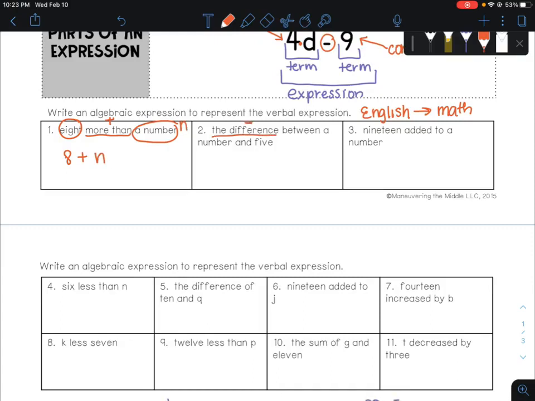The difference, meaning subtract, between a number and 5. So a number, we can say n. So it literally means subtract n minus 5. Last one, 19 added to, so underline the keyword, circle the numbers. 19 added to a number means 19 plus a number. And I'm using n as my variable.